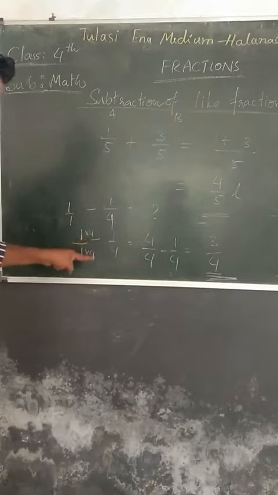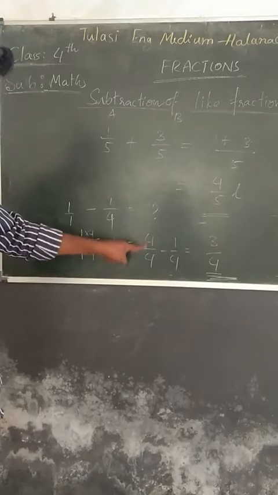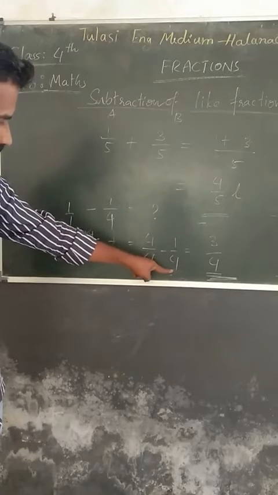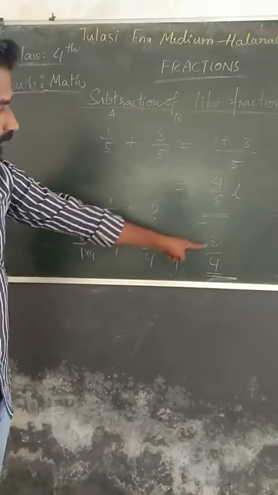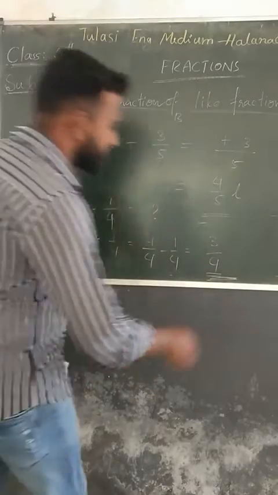You have to multiply the same number to both numerator and denominator to equalize the denominator. Here we got 4 by 4 minus 1 by 4. The remaining part is 3 by 4.